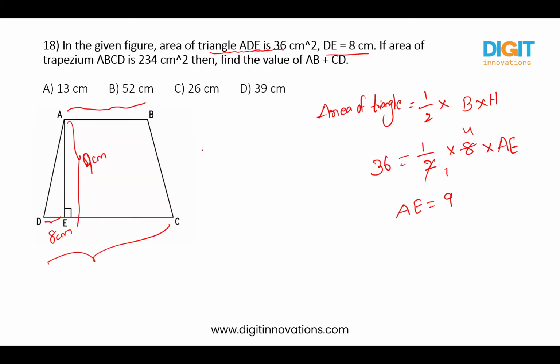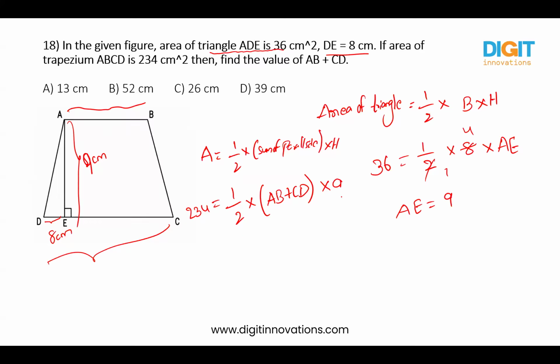So area of trapezium formula is area equal to half into sum of parallel sides into height. Bases into height, right? So total it is 234 equals half into AB plus CD, into height. Height how much? It is 9. You already know.